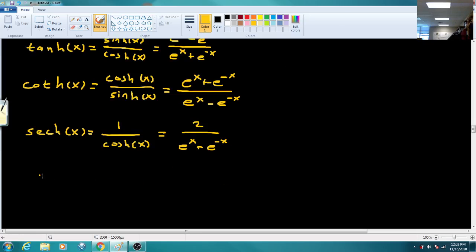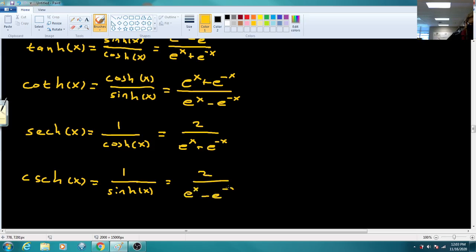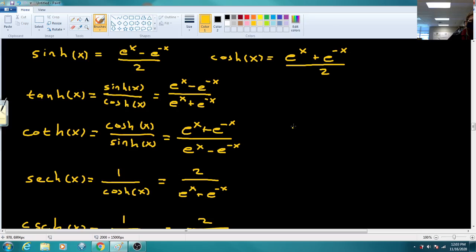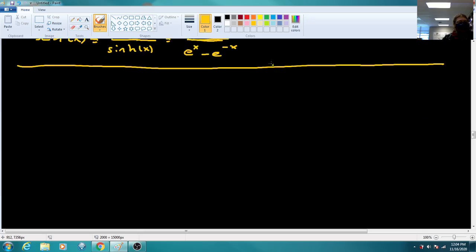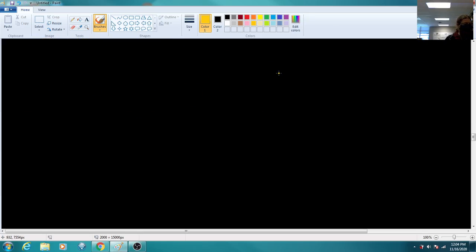And hyperbolic cosecant is 1 over hyperbolic sine. Okay, so this is what these hyperbolic functions are in terms of e to the x and e to the negative x. We're going to define the derivatives of all of them next, and then we're going to do a couple derivatives involving these, and then we have a whole other block of these to write down.